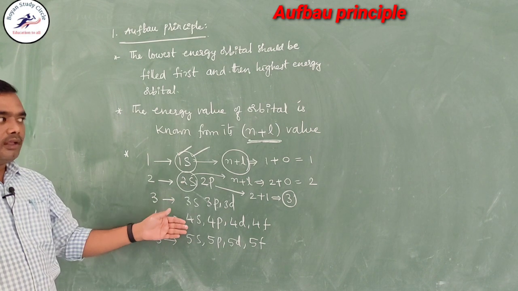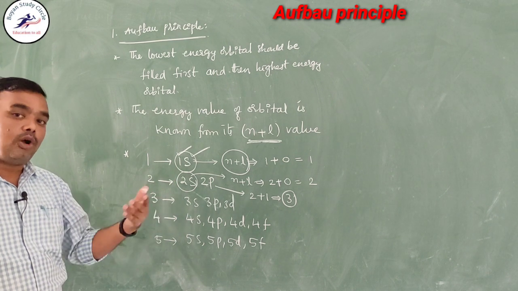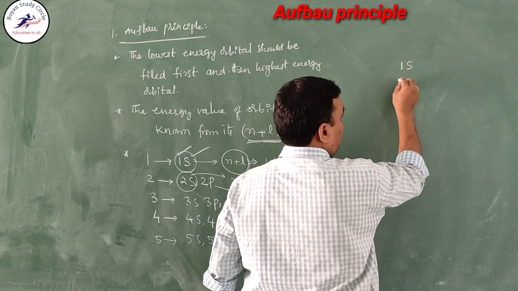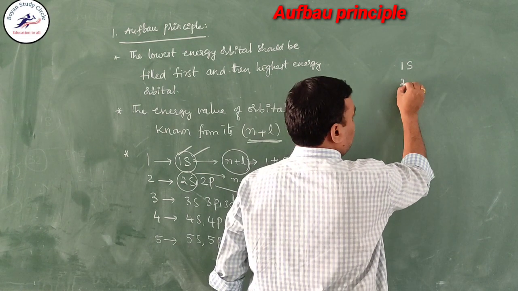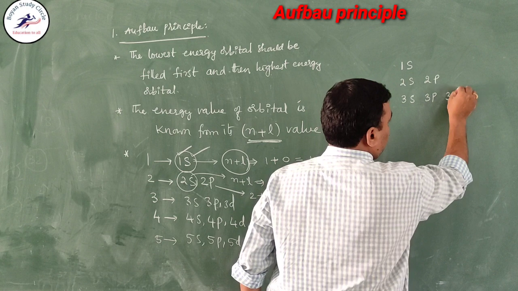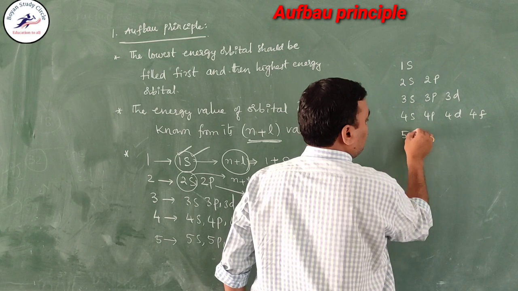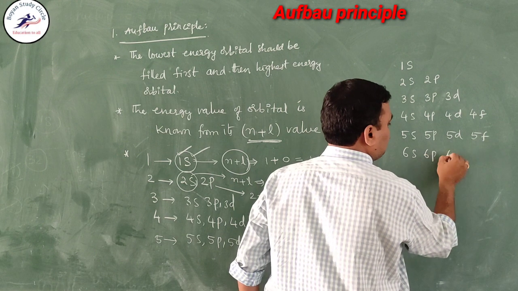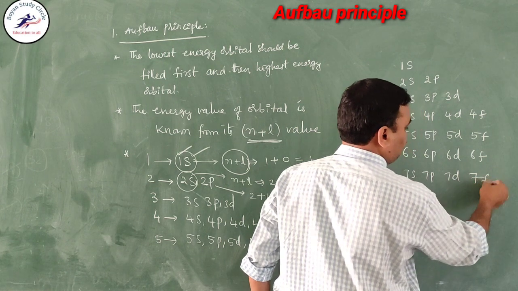In this way, you can arrange the energy of orbitals with the diagram called Moeller diagram, right. So, that shows the energy of orbitals, the way in which you have to fill the orbitals. 1s, 2s, 2p, 3s, 3p, 3d, 4s, 4p, 4d, 4f, 5s, 5p, 5d, 5f, 6s, 6p, 6d, 6f, 7s, 7p, 7d, 7f, right.